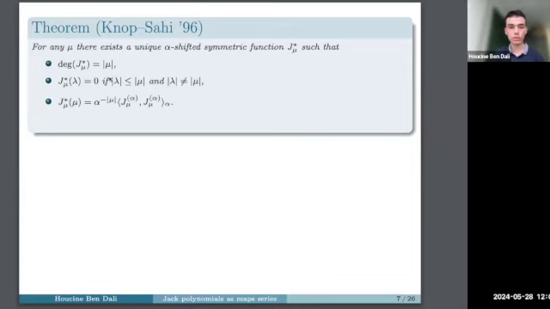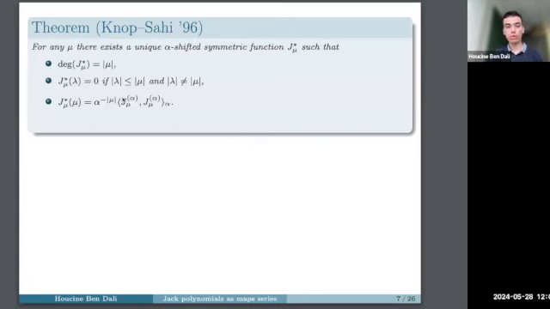The theorem of Knop and Sahi is about shifted Jack polynomials, and they are defined as the unique shifted symmetric functions which have degree the size of the partition mu, and which vanish on all partitions lambda of size less than or equal to that of mu, except for the partition mu itself. In that case, it takes some non-zero value.